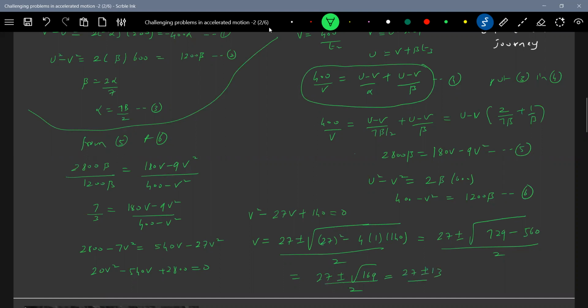So V equals 27 plus or minus 13 by 2. Two values will come: one will be 20, and the other value will be 14 by 2, which is 7.